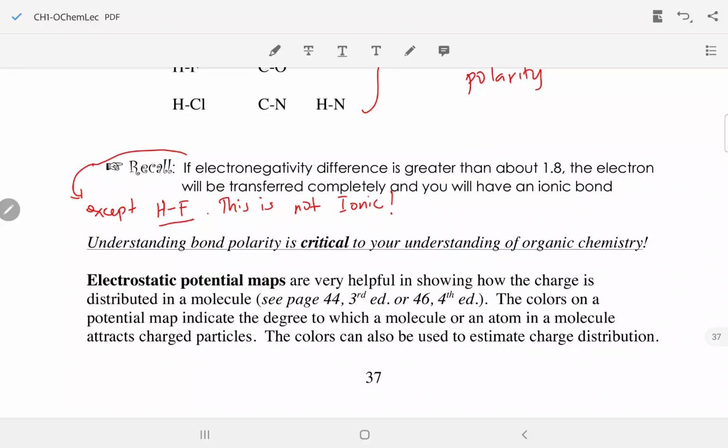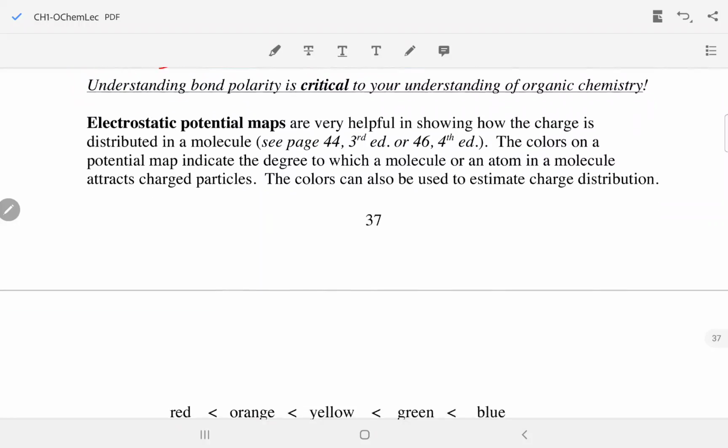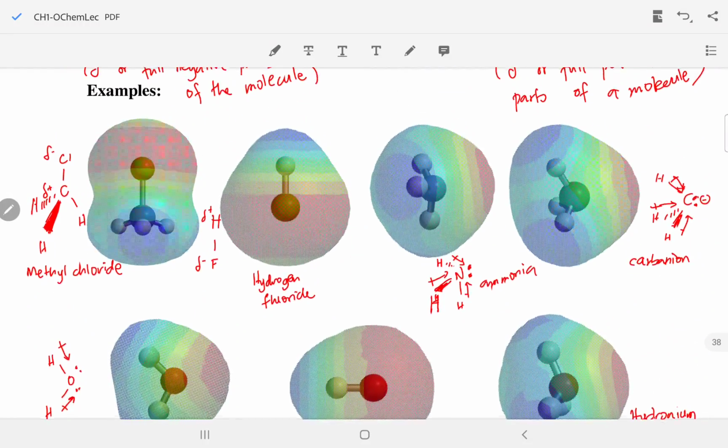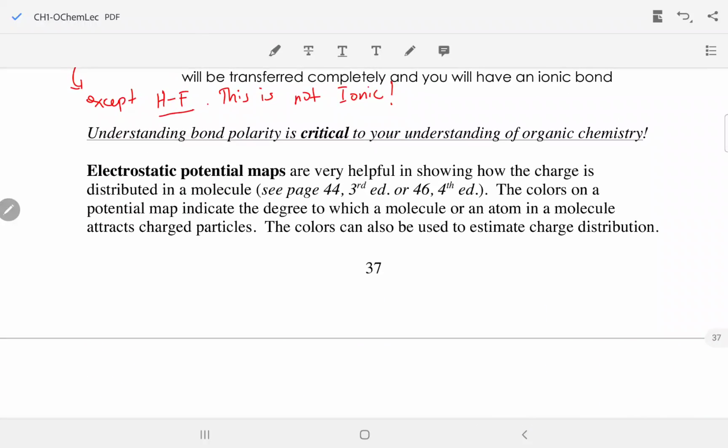Remember that if the electronegativity difference is greater than 1.8, the electron will be transferred completely and you will have an ionic bond. But an exception to this is HF, because HF is proven to be not ionic even though its electronegativity difference is more than 1.8.